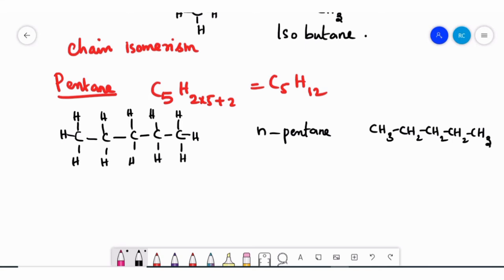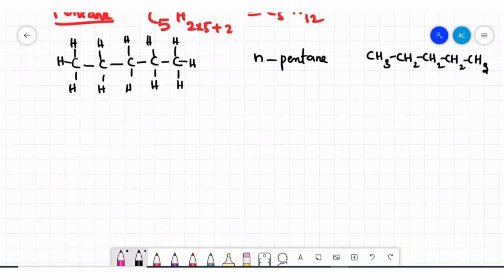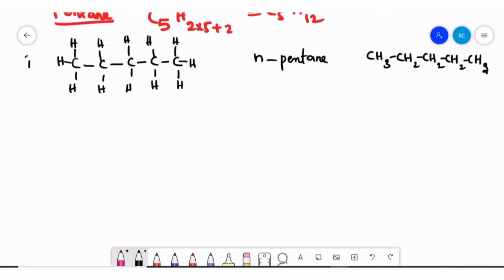Another possibility to write the pentane molecule is by reducing the number of carbons in the straight chain. In the first structure all 5 carbon atoms are in a straight chain.